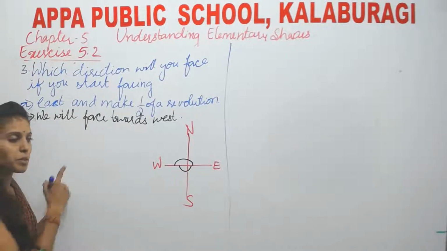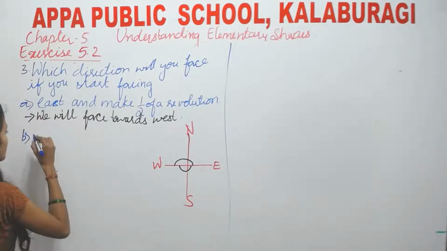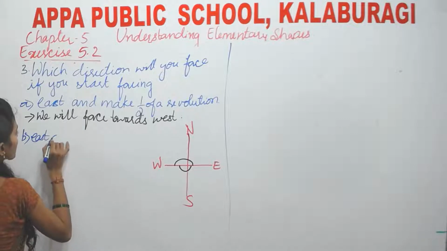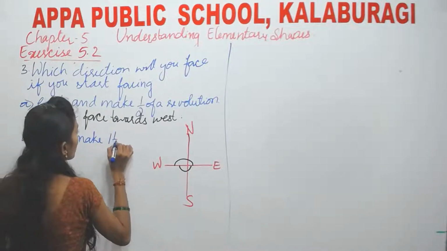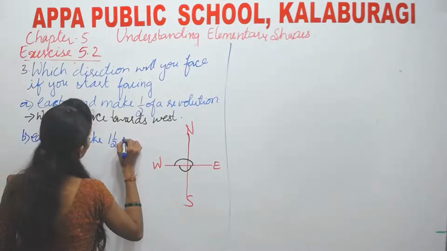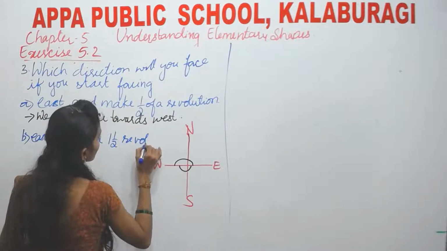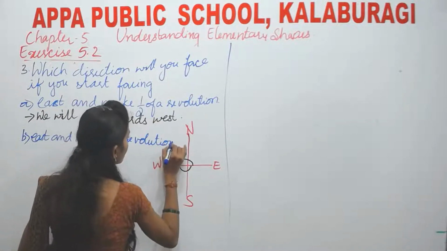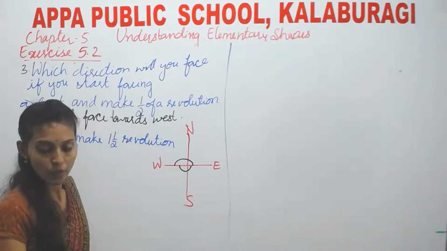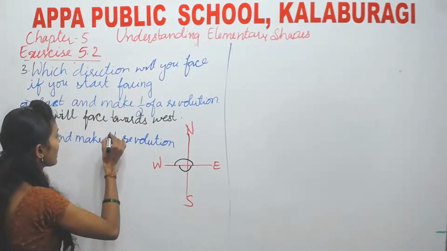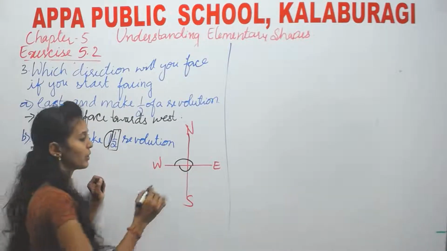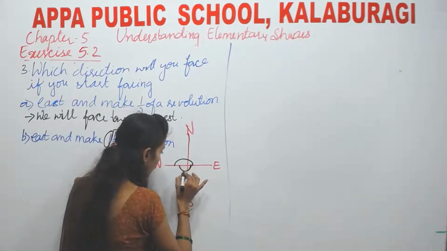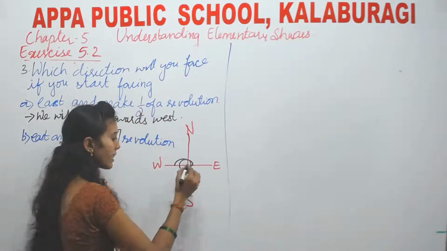Next one. East and make 1.5 revolution. Is there any difference between this and that? Come on, let us see. East and make 1.5 revolution. See what they said. From east, 1 complete revolution and then 1 more half.